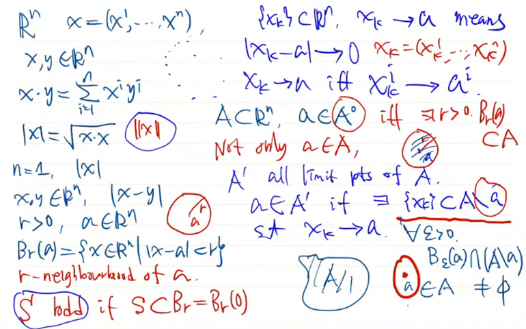So a is a limit point is equivalent to this property: every neighborhood of the small a contains a point in capital A other than the small a itself. Okay, all this we have proved in our previous lecture. We just review here. Limit point is very important to define the limit. We will see this later.